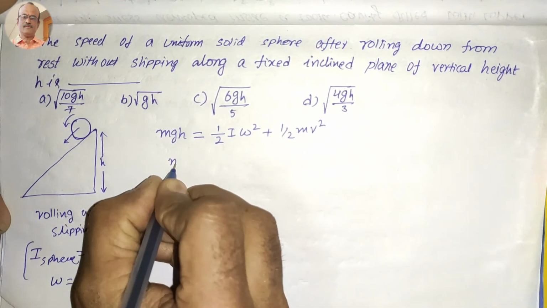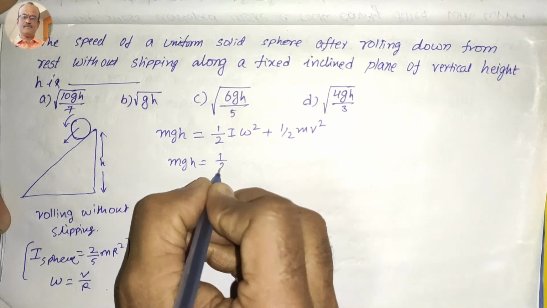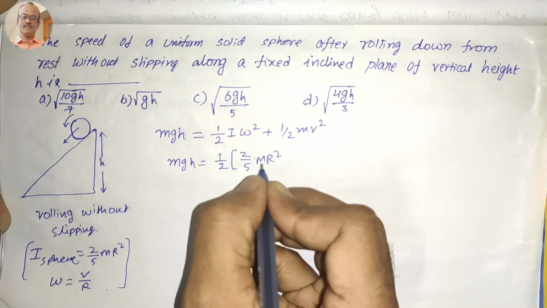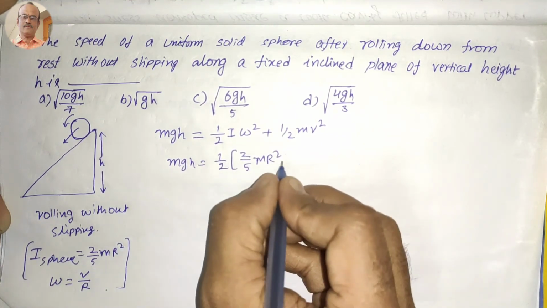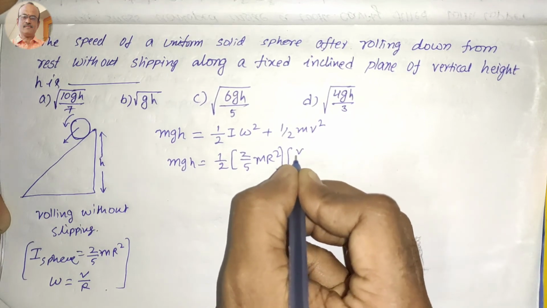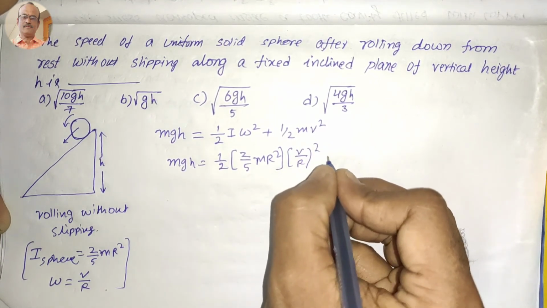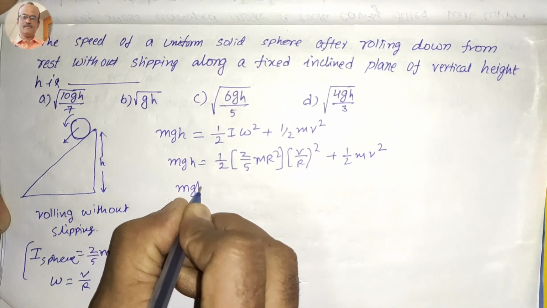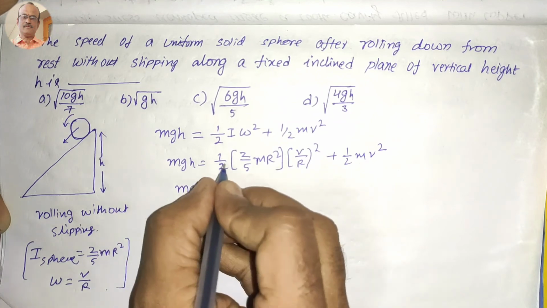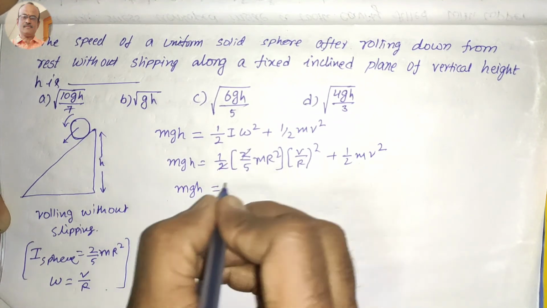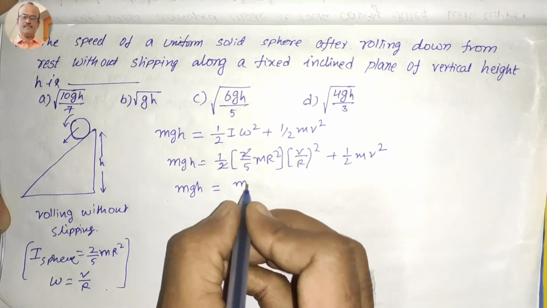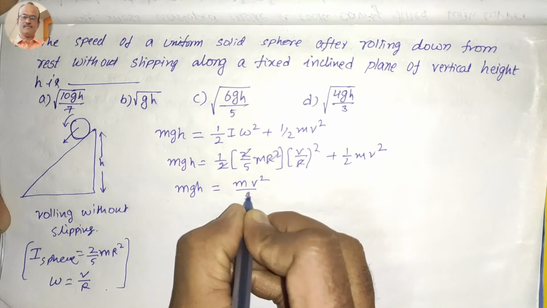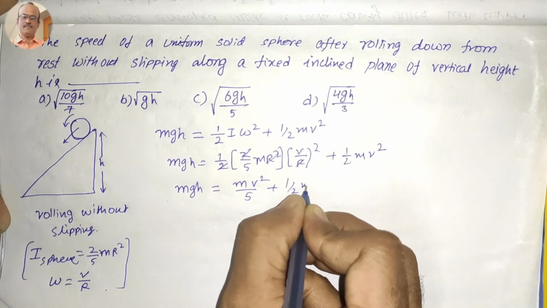So m into g into h is equal to half into moment of inertia 2 by 5 mr square into omega, which is v by r, whole square, plus half mv square. That means m into g into h is equal to, r square cancels, m into v square divided by 5 plus half mv square.